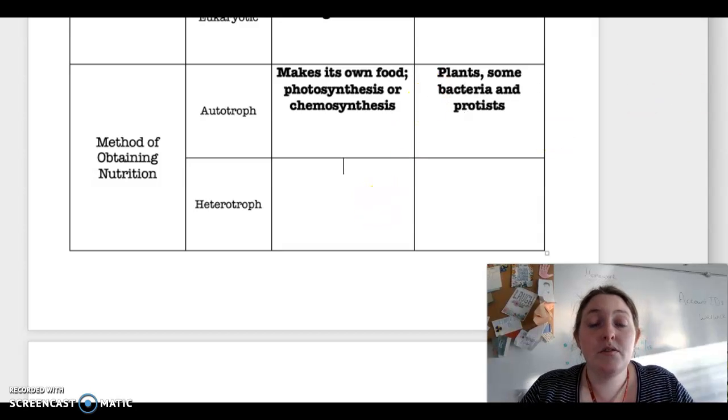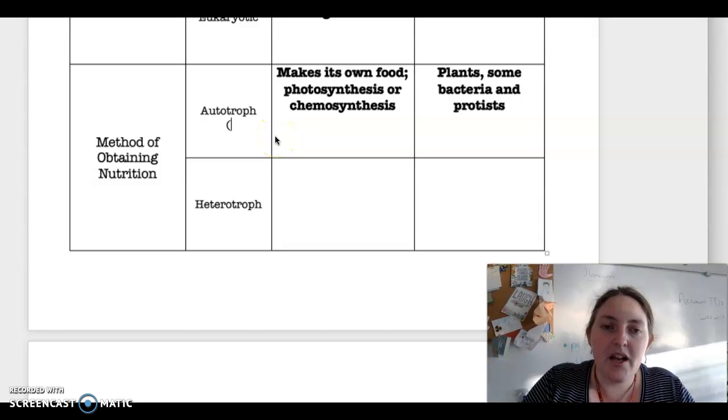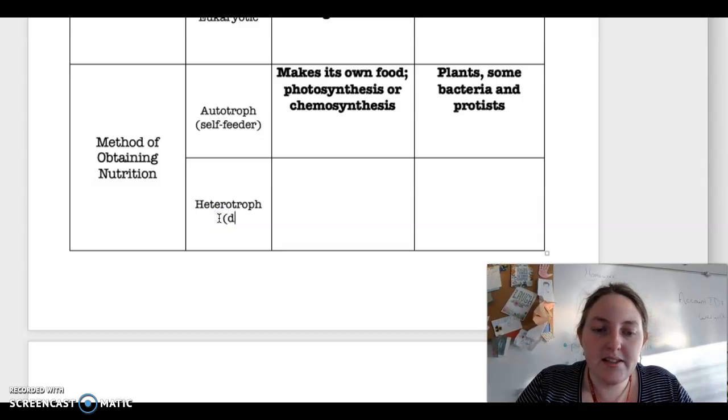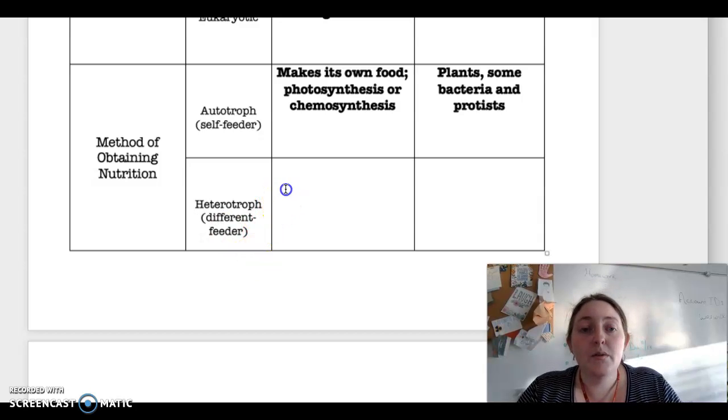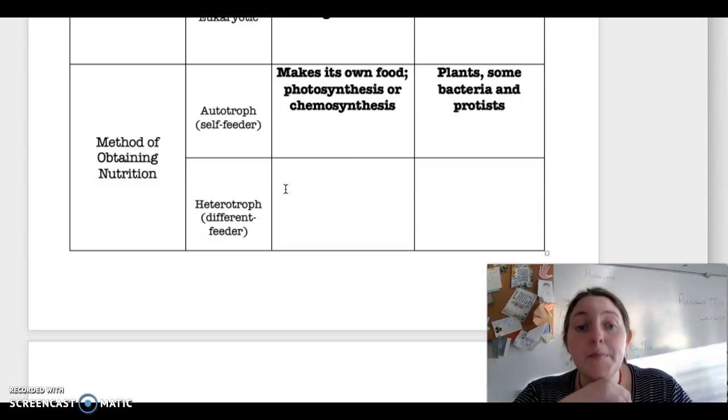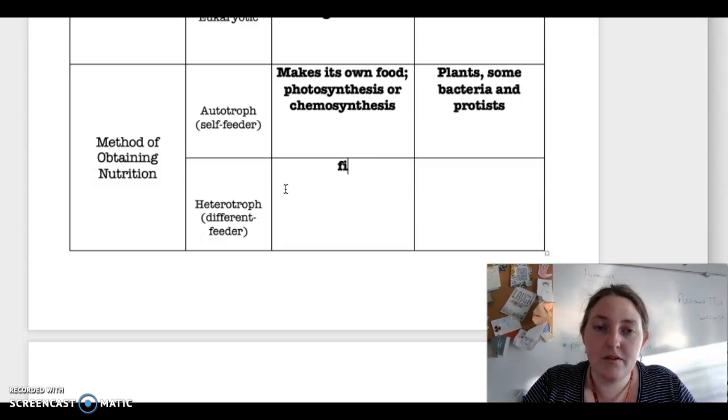Heterotrophs must find their own food. And I'm just being clear, autotroph means self-feeder. Heterotroph means different feeder. So a heterotroph gets its food from a different source, so it has to find its food.